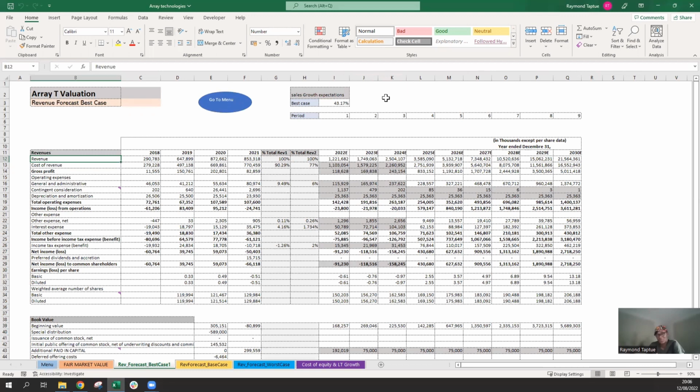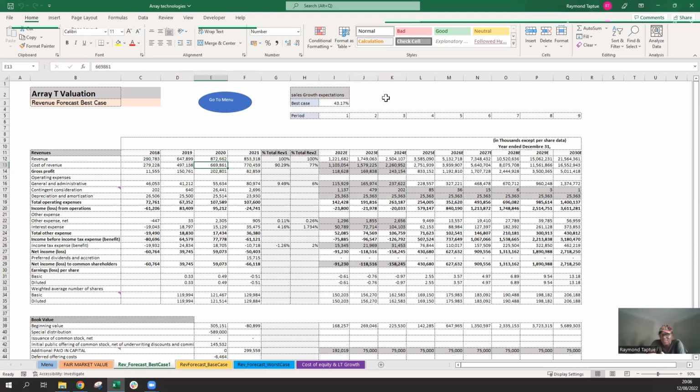For Array Technology, I'm going to share the adjustments that I made. First, we're going to consider the cost of revenue. You will notice that from 2020, the cost of revenue as a proportion of revenue has been increasing, probably due to inflation.